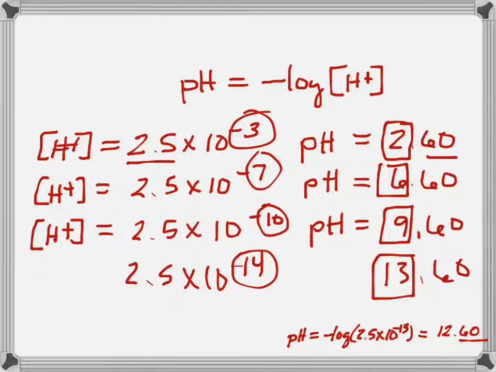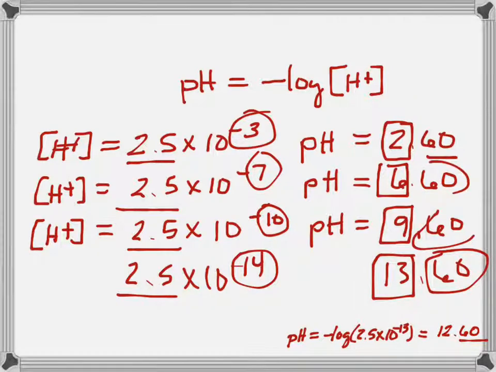They just tell us where the decimal point is. And so the numbers before the decimal point in a pH are not considered significant digits. Okay? That's not that hard to understand, is it? When you line them up like this, the only thing that's changing is that first number. The only part not showing up here is the fact that you put negative before the log in your calculator.